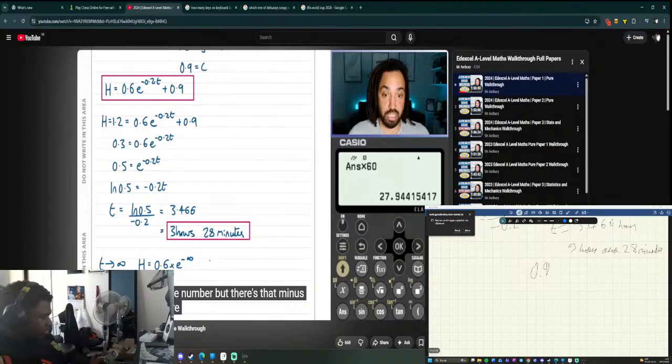It's 1 over 2 squared. Yes, okay. So essentially we're doing 1 over e to the power of big number, which gives you a really small number.